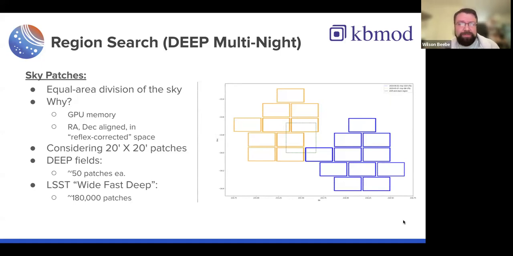With the DEEP fields, obviously, it's much smaller data than we have in LSST, a much smaller view of the sky. So for this, we're only creating 50 patches for each field that we're considering, and only trying to answer the question of what is the maximal overlap of images for each of those 50 patches for a given field. While with LSST, of course, with the wide fast deep use case, it scales up significantly to 180,000 patches.